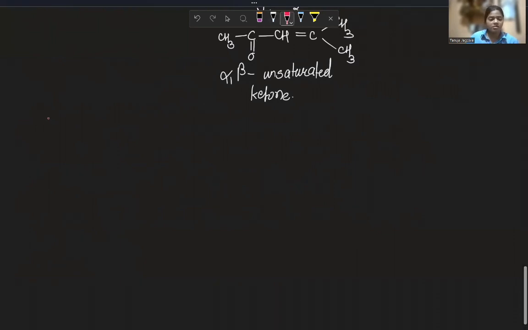Let us see some examples of this reaction. In the first example, let us take acetaldehyde and proceed with the reaction in basic medium.